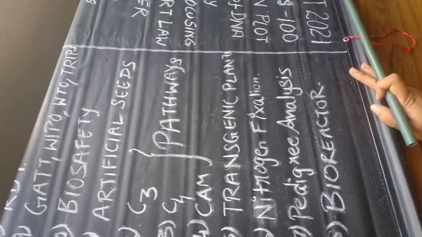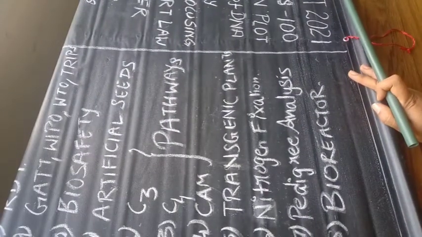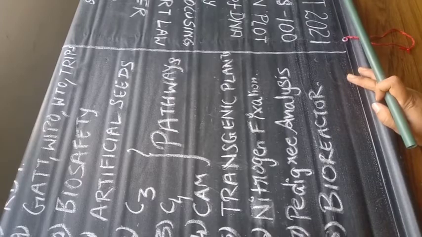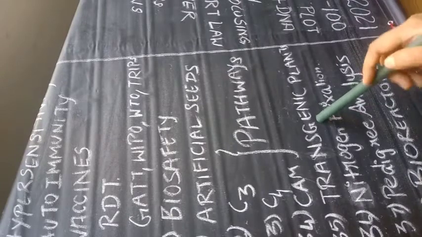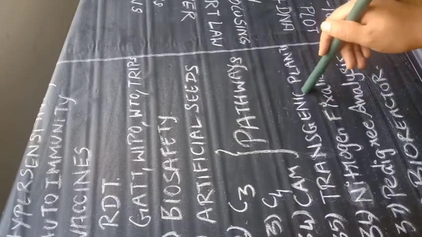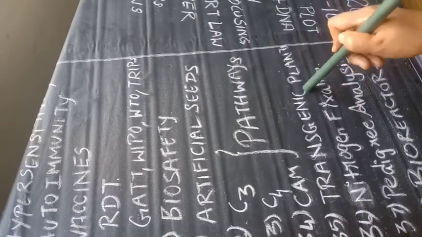You should know how these transgenic plants are produced. Next is nitrogen fixation. You should know about nitrogen fixation and the enzymes involved: the nod factor, nif gene, nitrogenase complex, nodulin, nitrogen metabolism. You should also study those.